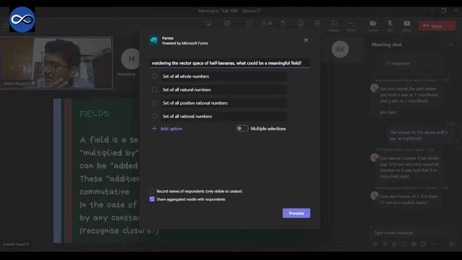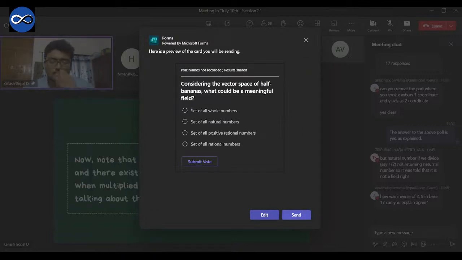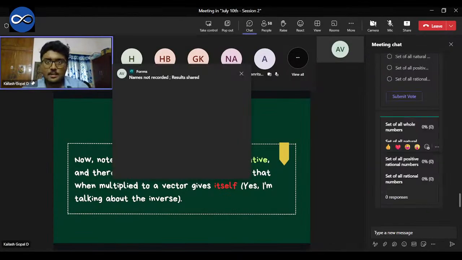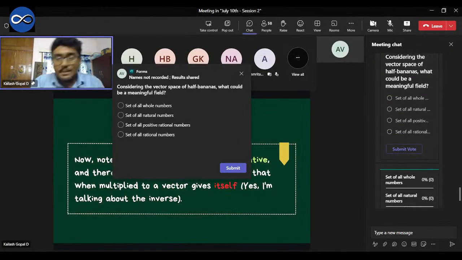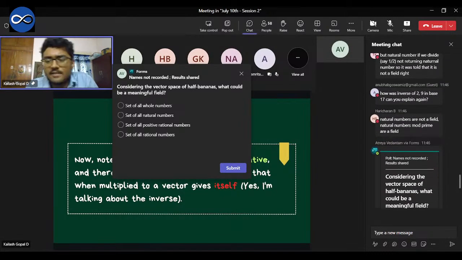I don't have any examples right now to show otherwise, but closure is quite important. And as we've talked about, addition is commutative and associative. Similarly, multiplication must also be commutative and associative, and an inverse must exist. Like we talked about in the modulo 17 case, the inverse of every element actually exists. So that is also very important.